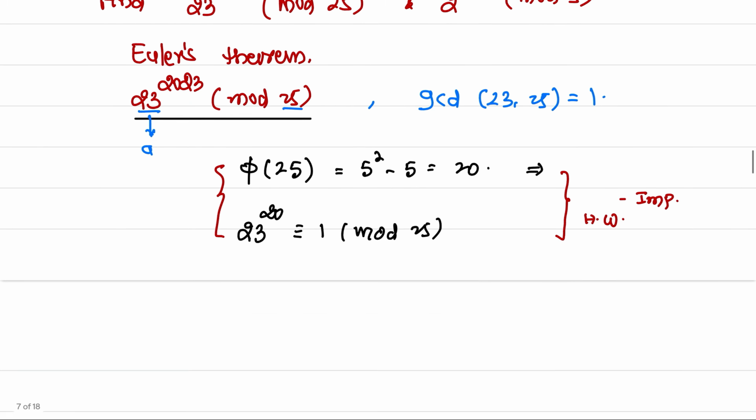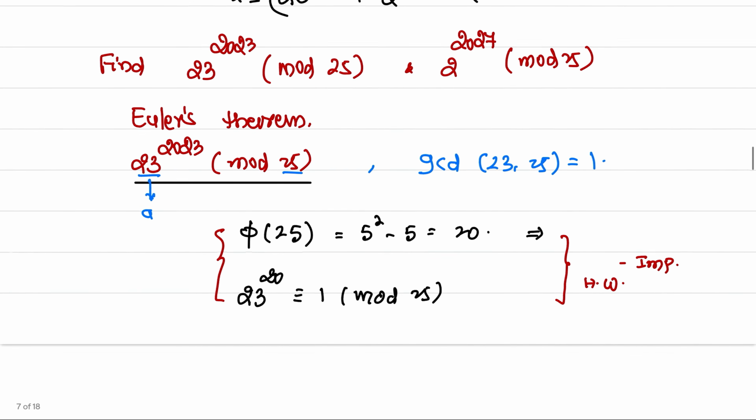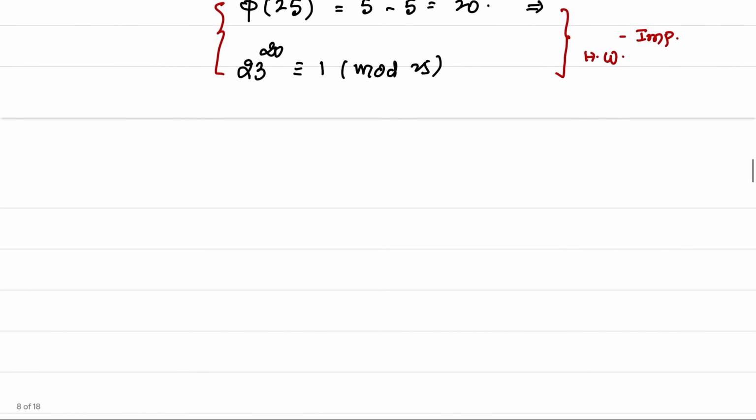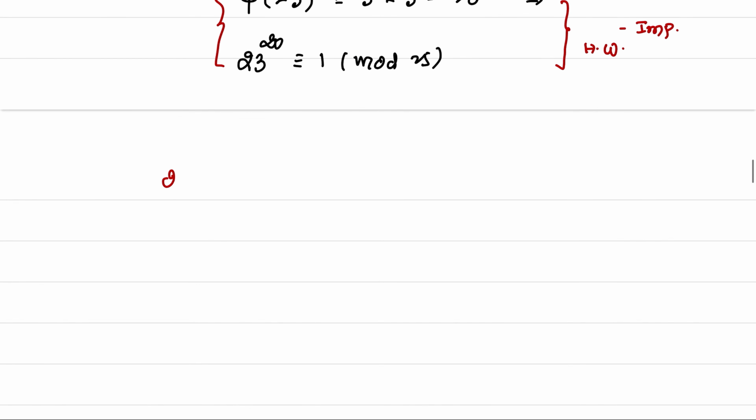Now, what do we want? 23 to the power of 2023 mod 25. 23 to the power of 20 is equivalent to 1 mod 25.